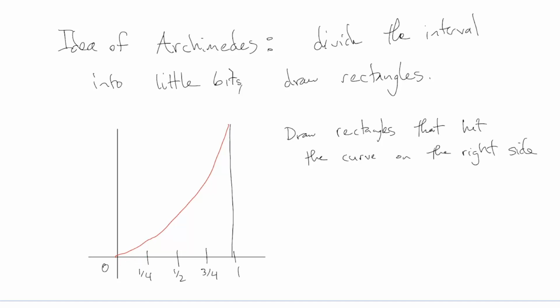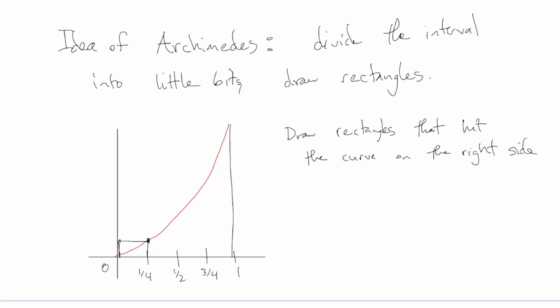I am going to extend upwards into a rectangle so that rectangle hits the right side of the curve right there. So this is my first little rectangle. You take this little bit of the interval and just sort of drag it upwards to make a rectangle. All right? And I'm going to do that same thing for each of the 4 little bits.